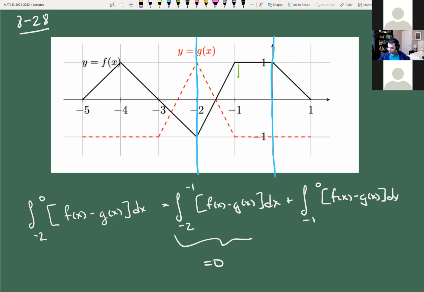Look at the functions, right? The red function is right here. And the area between the red and the black, let me maybe draw arrows, is this. So do you agree that the area between -2 and -1.5 is the area I've shaded?